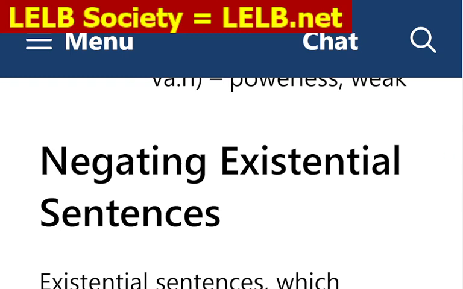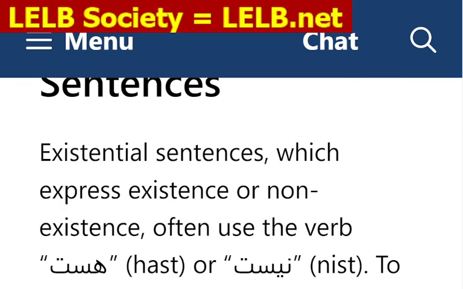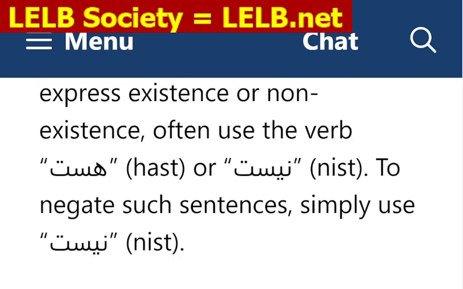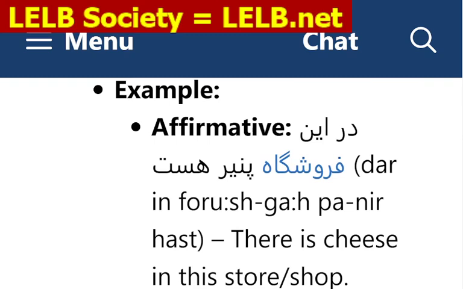Alright, negating existential sentences. Existential sentences, which express existence or non-existence, often use the verb هست, which means to exist, or نیست, not to exist. To negate such sentences, simply use نیست. For example, در این فروشگاه پنیر هست.